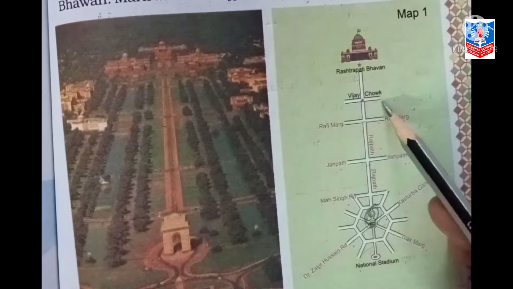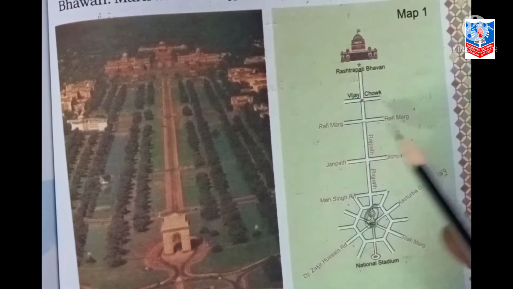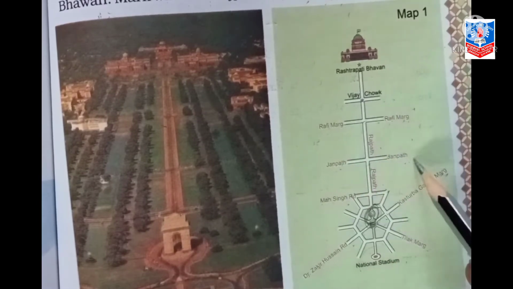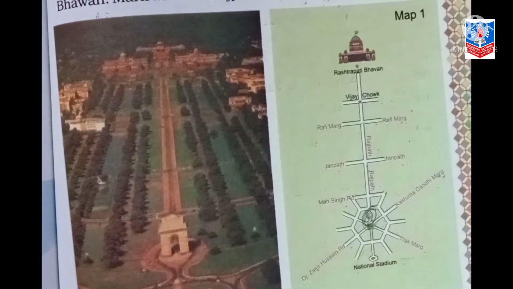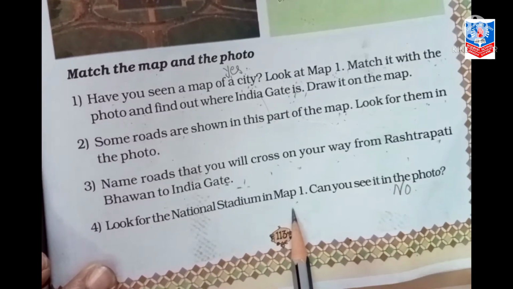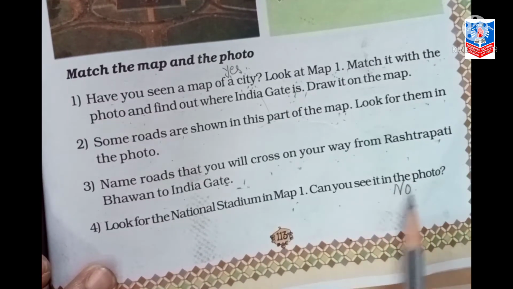Now see, first is Vijay Chowk, then Rafiq Marg, then Janpath Marg, then Dr. Mansingh Road. Now, fourth question is, look for the National Stadium in map 1. Can you see it in the photo? Now see, in the map we can see National Stadium here. But can you see it here in the photo? No. So our answer is no. Understood?